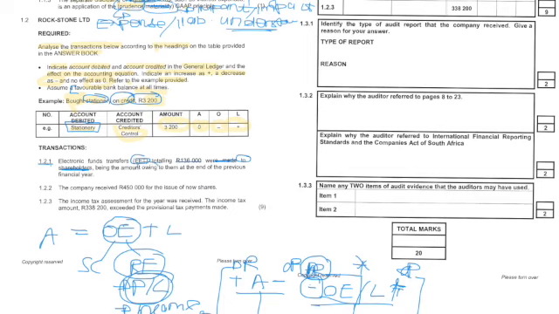Being the amount owing to them at the end of the previous financial year, right? So the EFT has an effect on your bank account, right? So bank is an asset, right?